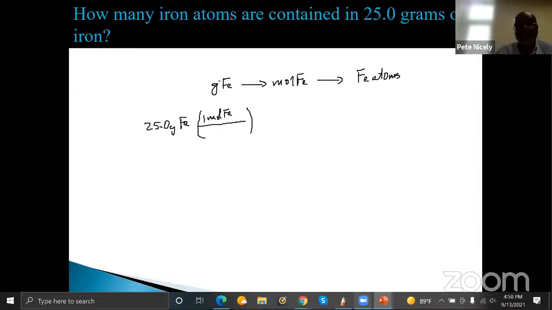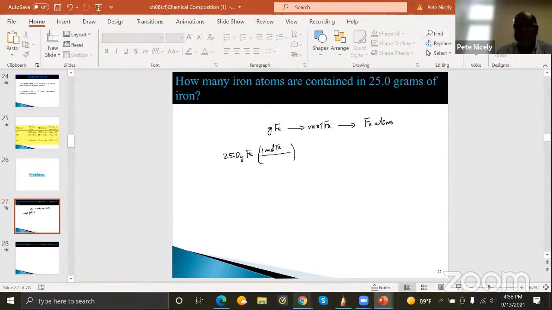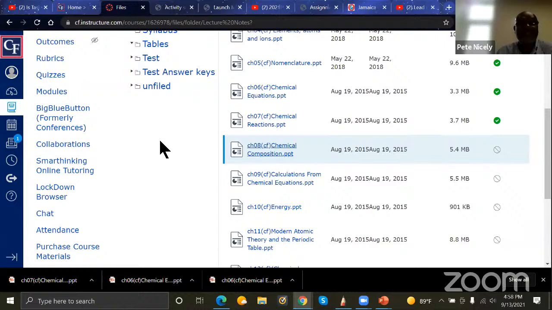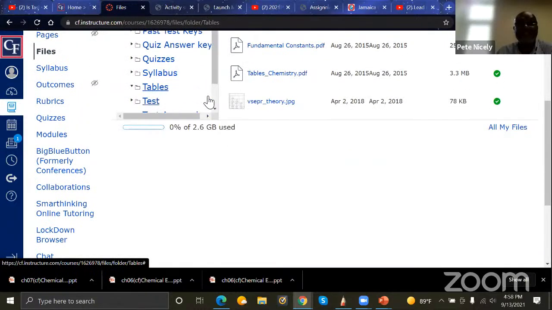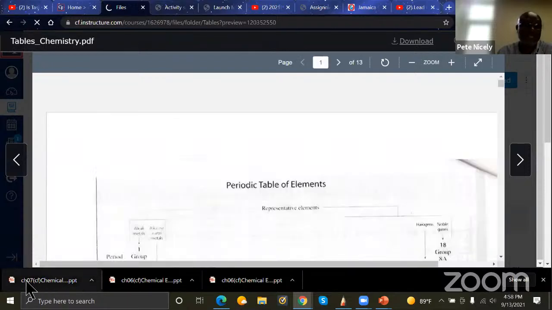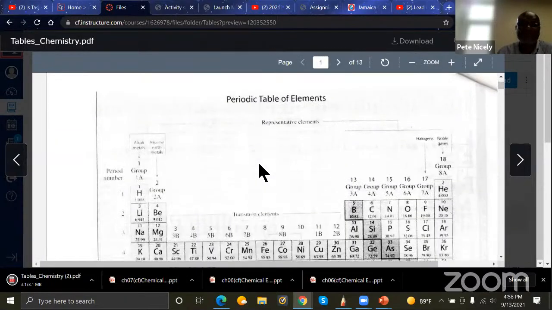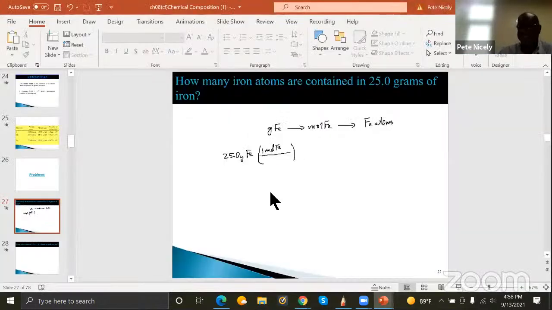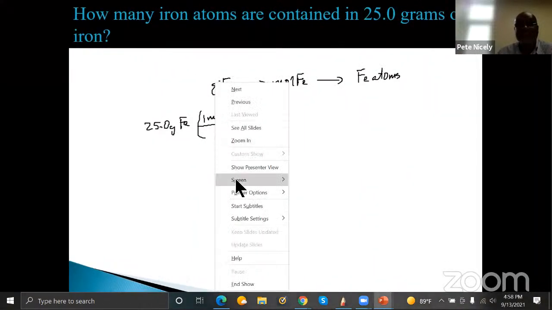Now, I don't remember what the molar mass of iron is, so I'm going to look it up in the tables. Iron, okay, 55.85 grams. So let me go back here and get back my pen.